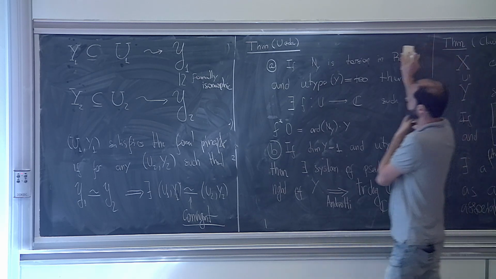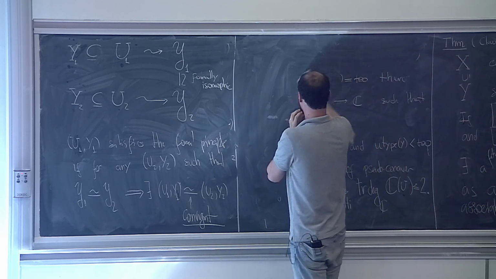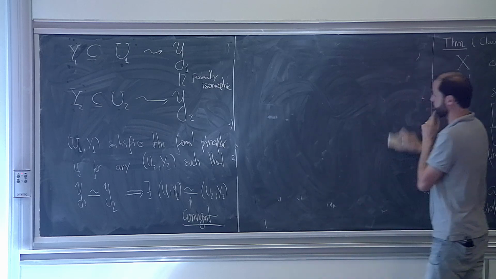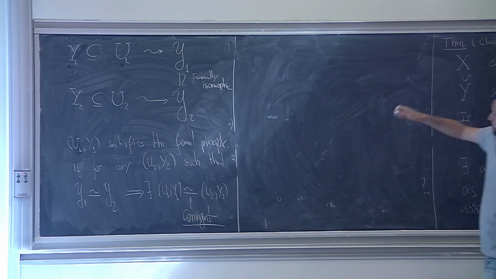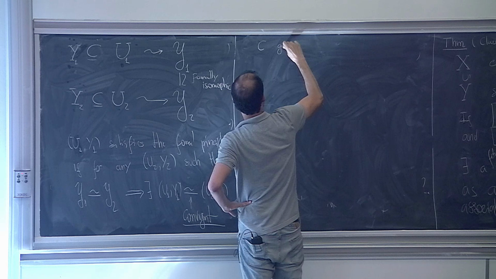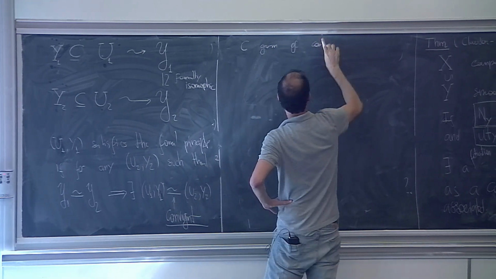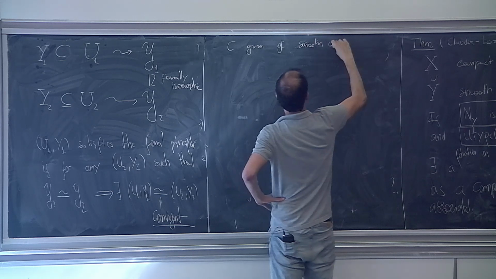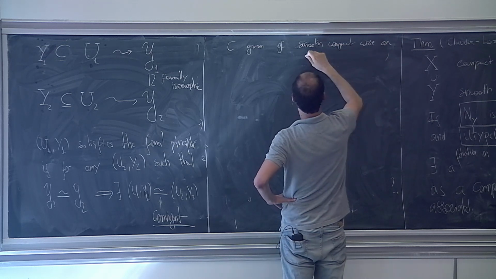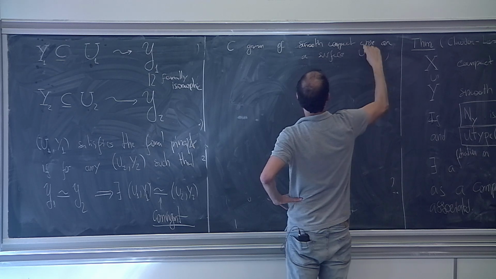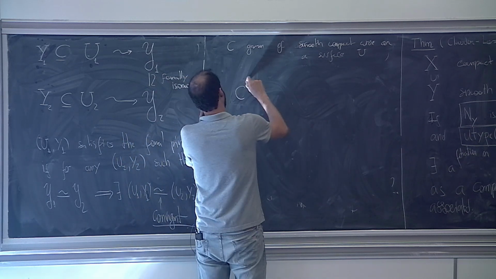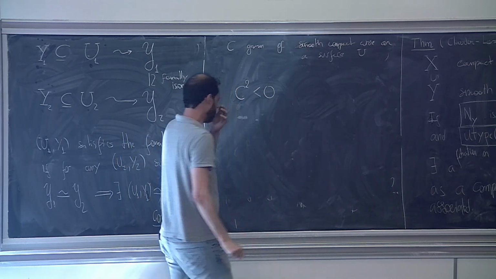And I'd like to make a point of how the situation is in the case of surfaces, where Y1 is a curve, so if I have a germ of a compact, smooth curve C on a surface, let's call it surface U. And so here the situation is pretty clear when C square is negative.